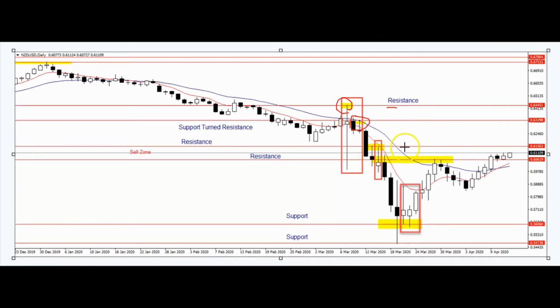And resistance here at 615.63. And as I mentioned in previous analysis, resistance here at 606.19.